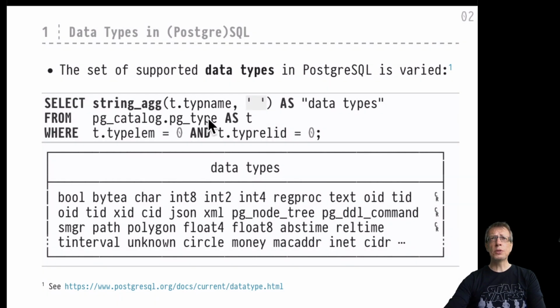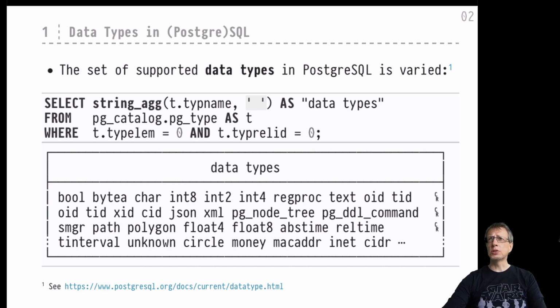If you issue this particular SQL query against the system catalog of PostgreSQL, then you will get information about the available types inside the system. And if we disregard particular array element types and disregard composite types, record types, and only look at the atomic types that can really be held in one table cell, then you would probably get a listing like this.